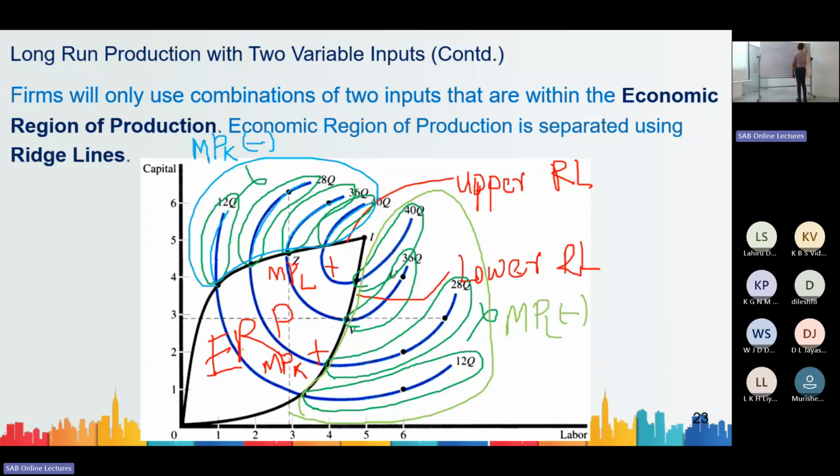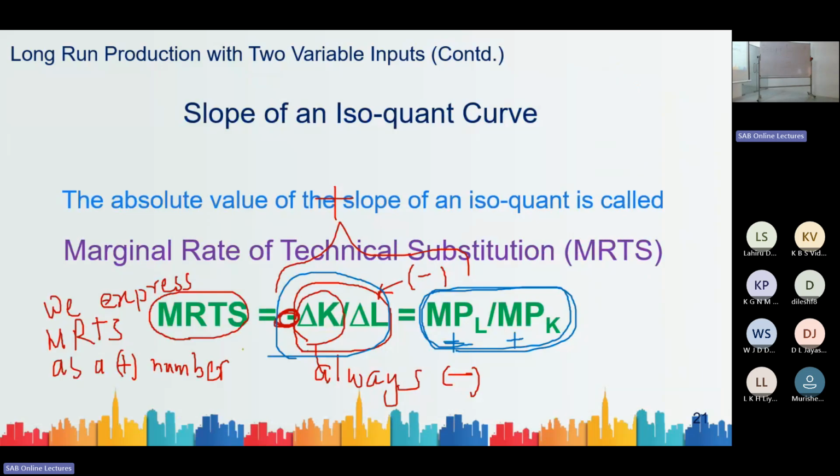What is MRTS? That is the absolute value of the slope. We can calculate the marginal rate of technical substitution using this formula: marginal product of labor divided by marginal product of capital, MPL divided by MPK.